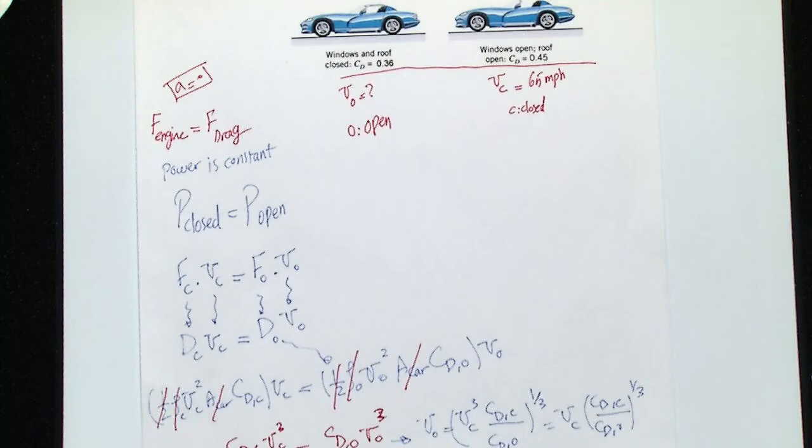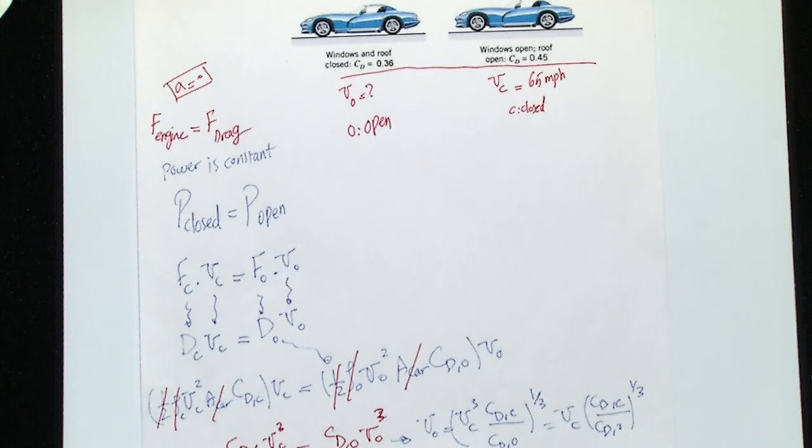If those are closed and you use the same power, you have a force balance on the car, and based on the drag coefficient that's given, the velocity is given as 65 miles per hour. But when you bring the windows down and open the roof, the drag coefficient changes to a higher number. So what would be the velocity after that?